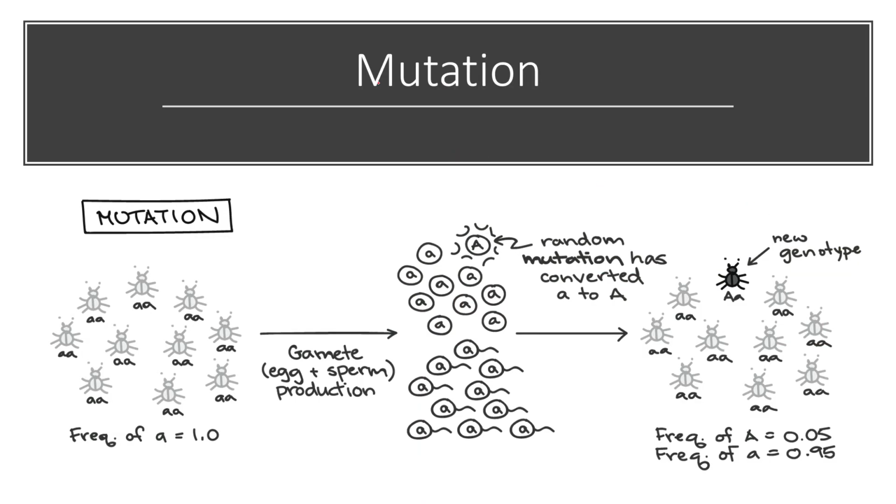So the first one is mutation. We know that mutations can cause genetic variation. We've learned about that. We've spent a lot of time on mutations. For example, if the frequency for the allele A is 1 and we have a mutation, now we've introduced one different allele into this population, and it has the opportunity to change that population.